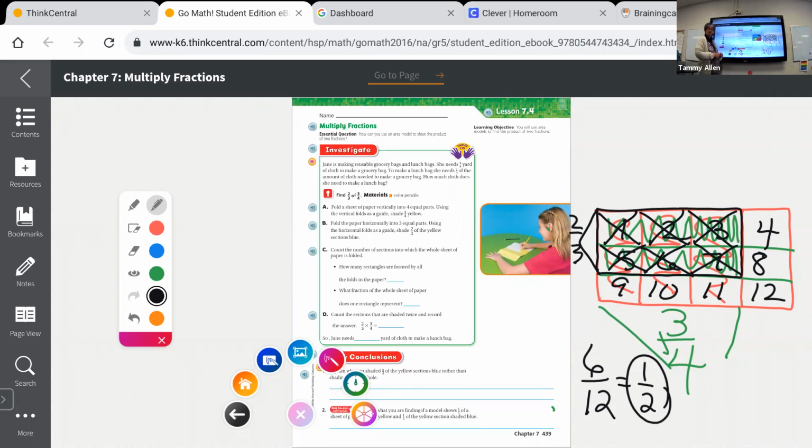Isn't it just the same as putting... We don't need to make it the same denominator. Okay?